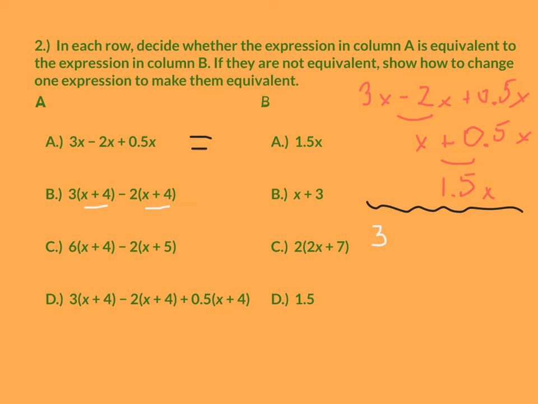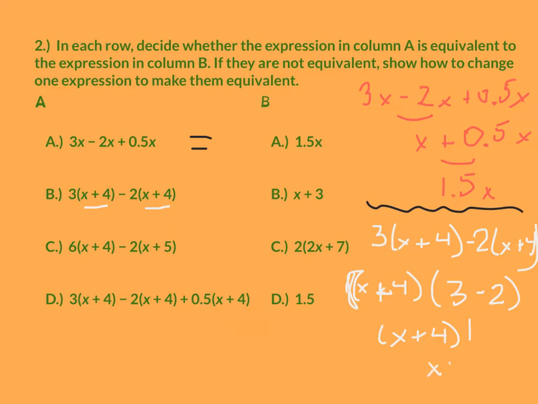So if I had 3 times the quantity of x plus 4 minus 2 times the quantity of x plus 4, and I take out both of those x plus 4s, then I'm left with 3 minus 2, which of course is 1, times x plus 4, which of course is then just going to leave us with x plus 4, which is not equal to x plus 3.